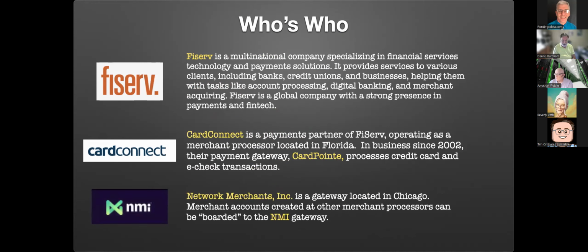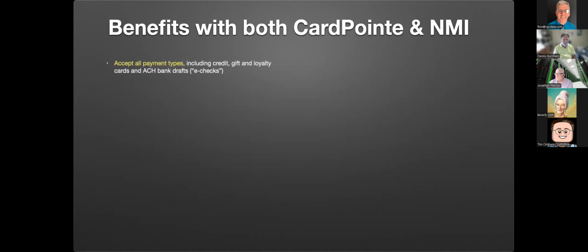Network Merchants is a gateway. They're located in Chicago, and they basically handle the kind of work that Authorize.net would do. They validate whether somebody's credit card is or is not approved, and then they pass the transaction on to Card Connect, and Fiserv runs the money through their bank and ends up in your bank account.